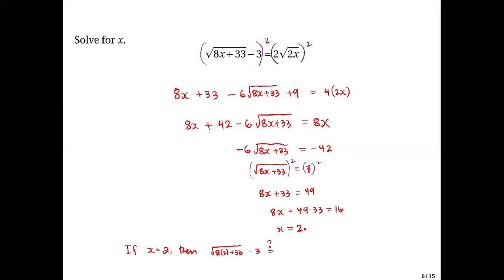Is this equal to 2 times square root of 2 times 2? But in here, we have square root of 8 times 2, that's 16 plus 33, minus 3. On the other side, we have 2 times 2, that's just equal to 4.